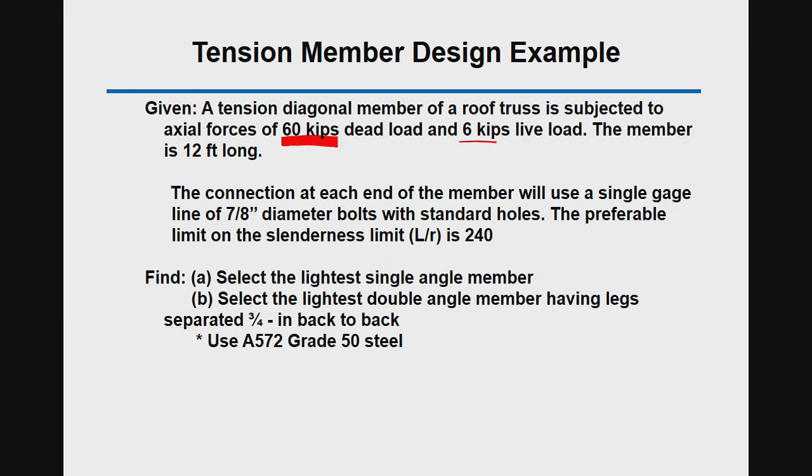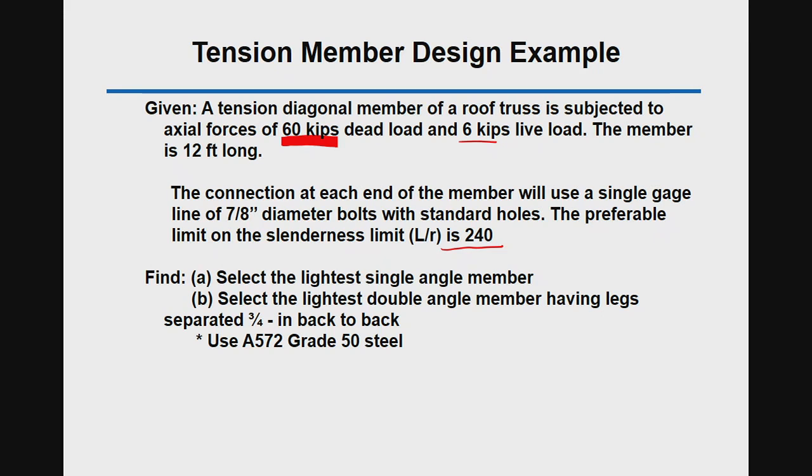The member is 12 feet long. The connection at each end of the member will use a single gauge line of 7/8 inch diameter bolts with standard holes. The preferable limit on slenderness is 240. So in this example, the AASHTO specification for secondary tension members is adopted.